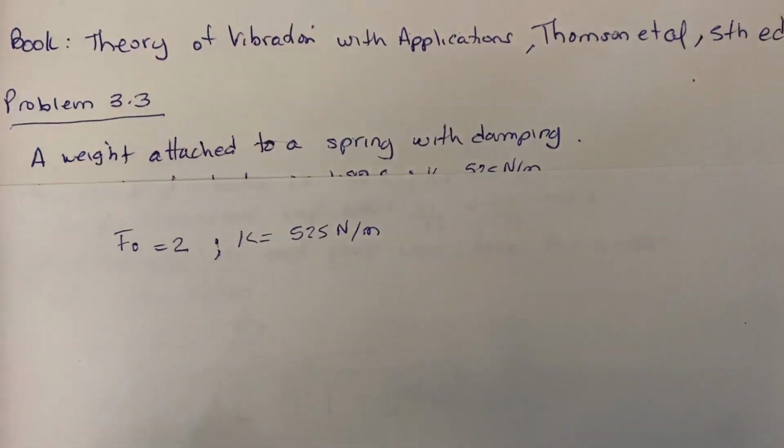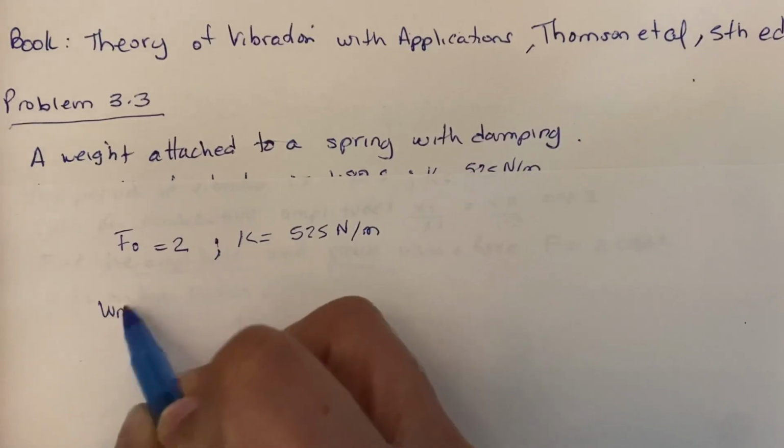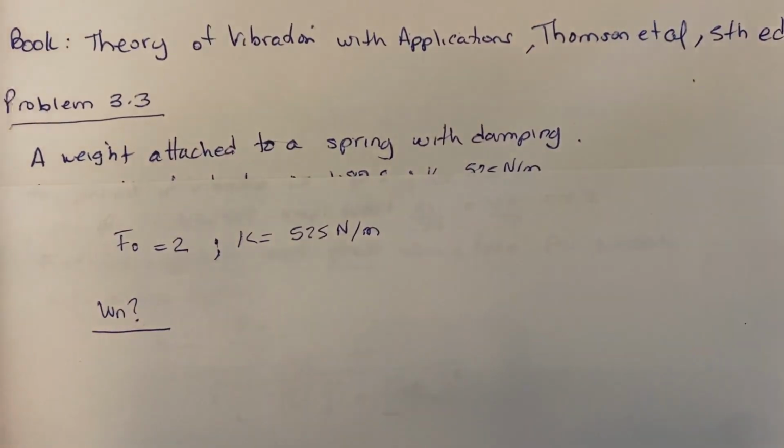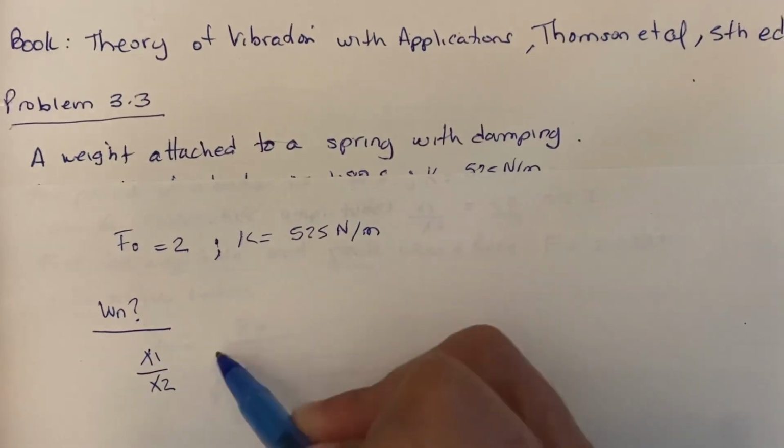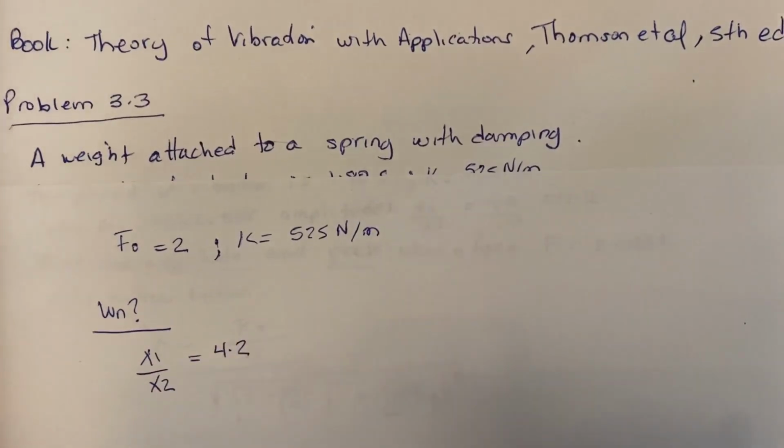Let's work with those terms, and let's find first the natural frequency. To get the natural frequency, we were provided the ratio of consecutive amplitudes, which is equal to 4.2.